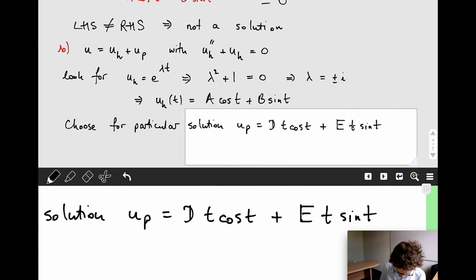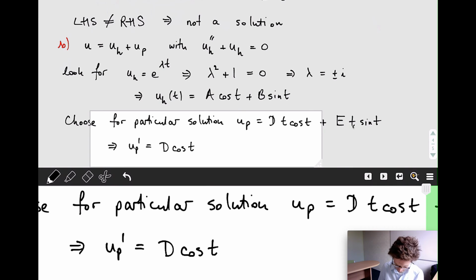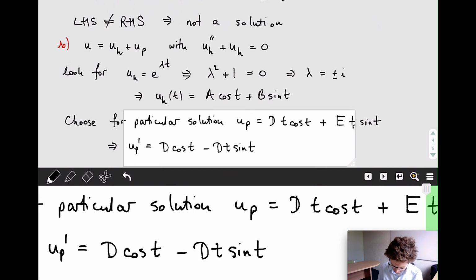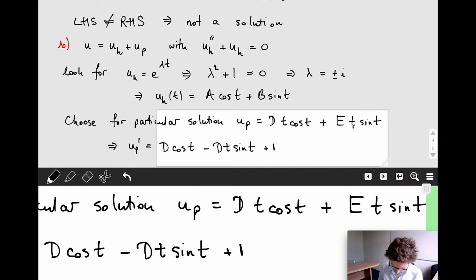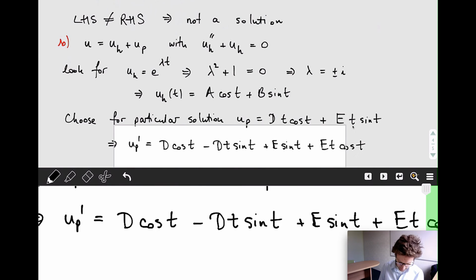We're going to calculate the derivatives of this. The first derivative is going to be d cosine t. I have to use the product rule a couple of times here. Minus d times t times sine t plus e sine t plus e times t times cosine t. We also need the second derivative.